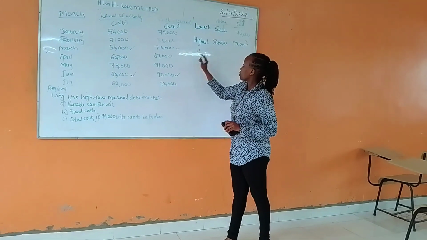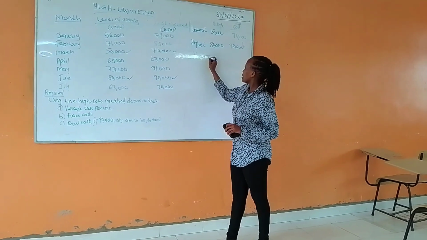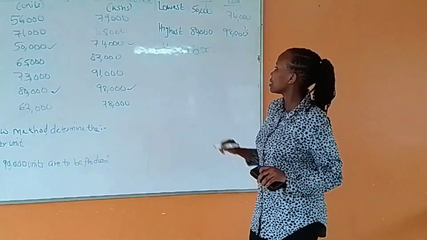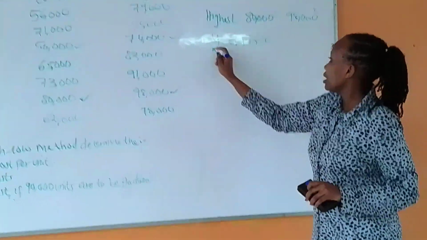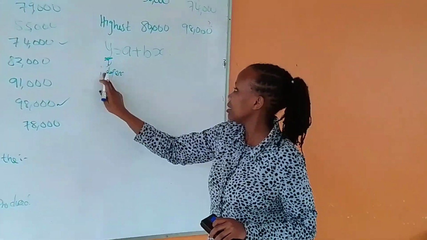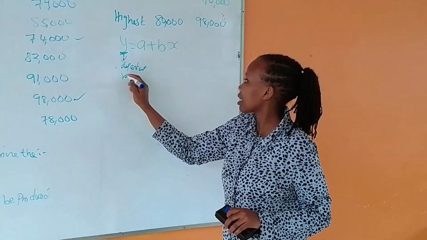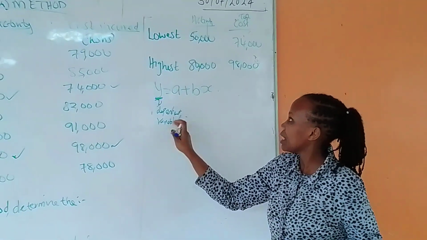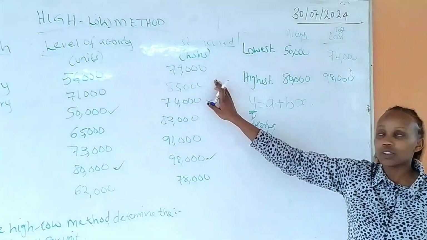From there, we are required to solve for the variable cost per unit. The equation is y is equal to a plus bx, where y is the dependent variable, which in our case is the total cost.